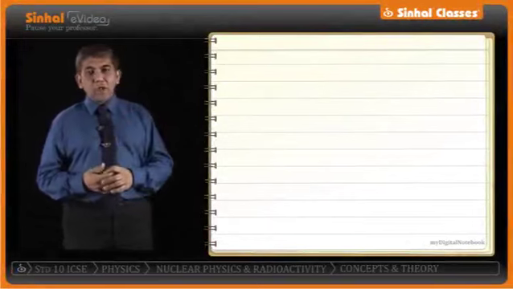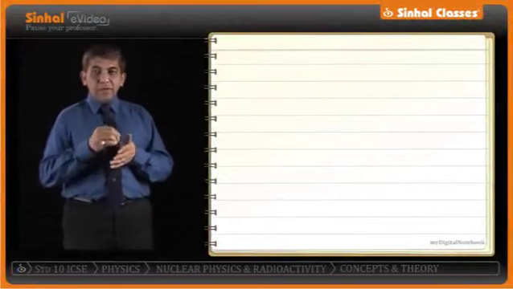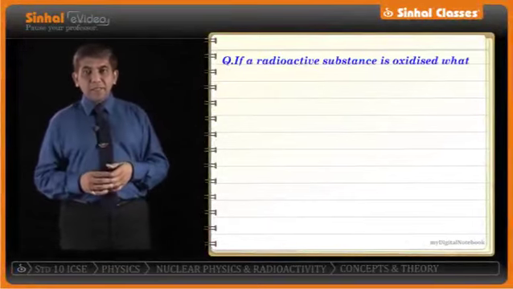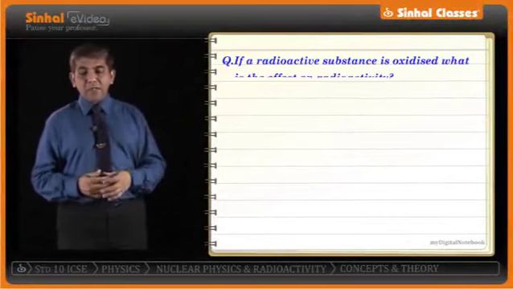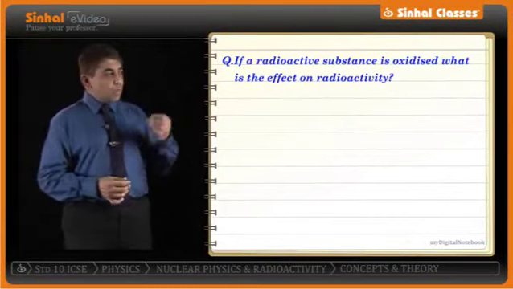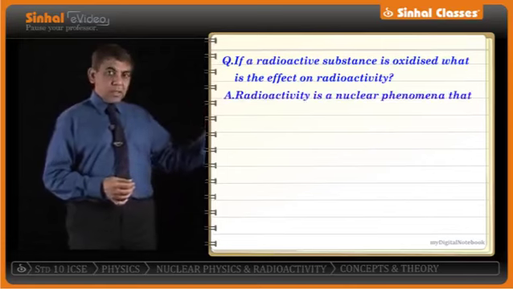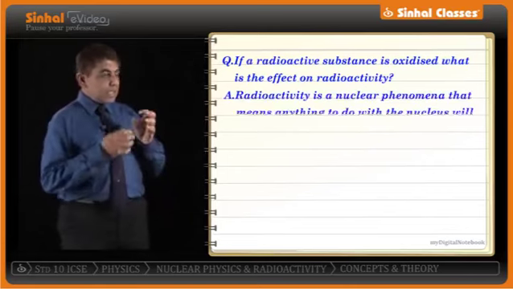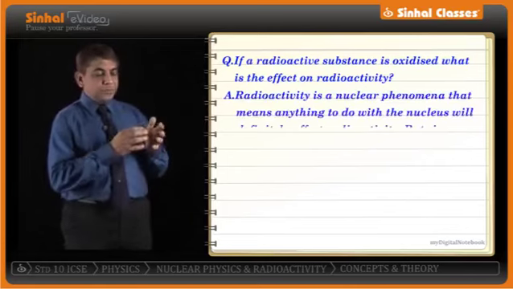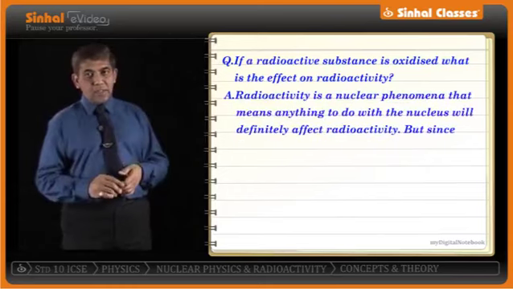A common question that they normally put across is, if a radioactive substance is oxidized, what is the effect on radioactivity? Now, radioactivity is a nuclear phenomenon. That means anything to do with the nucleus will definitely affect radioactivity.